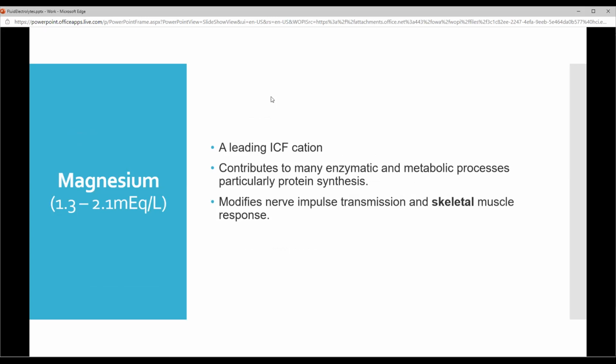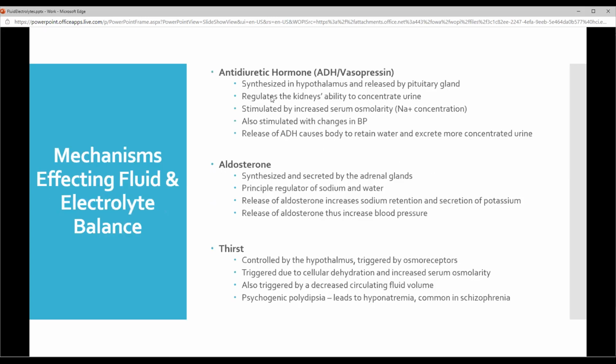Magnesium also plays a huge role in skeletal muscle response. So potassium was cardiac muscle, magnesium is skeletal muscle. So when you know what the electrolyte does, then the signs and symptoms will make sense, right? Or the nursing considerations, what are the most important things I need to know as a nurse?